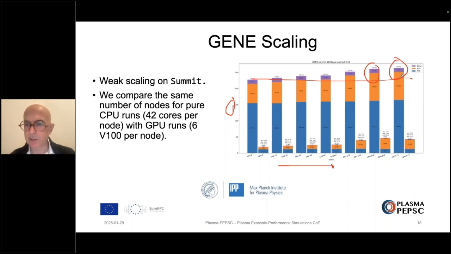One thing that I want to highlight is the small bar here, which is the use of the GPU. So you can also see the enabling technology of GPUs and what improvement we can reach. This is a current area of research.